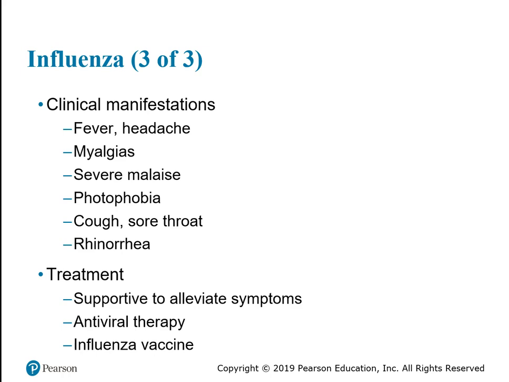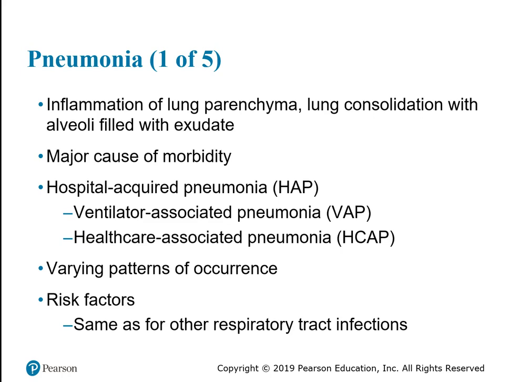It will shorten the duration of the disease, but usually there's not much you can do except drink a lot of fluids, rest, and promote your immune system being able to fight that off. Again, there is a vaccine, and that's the other line of treatment.